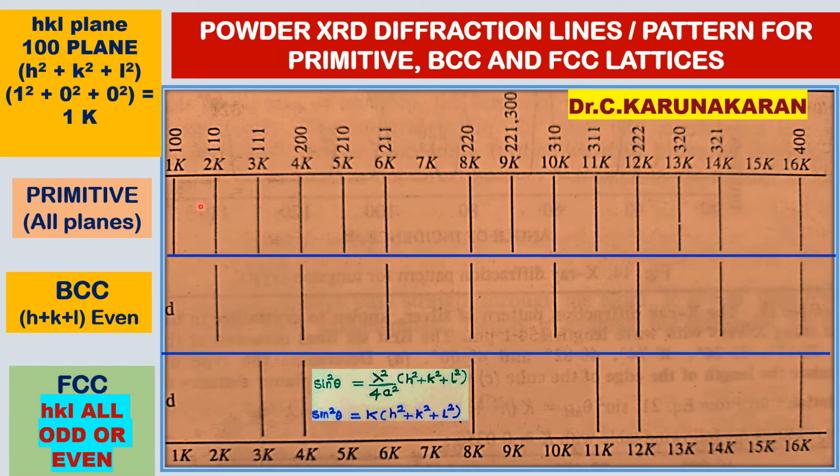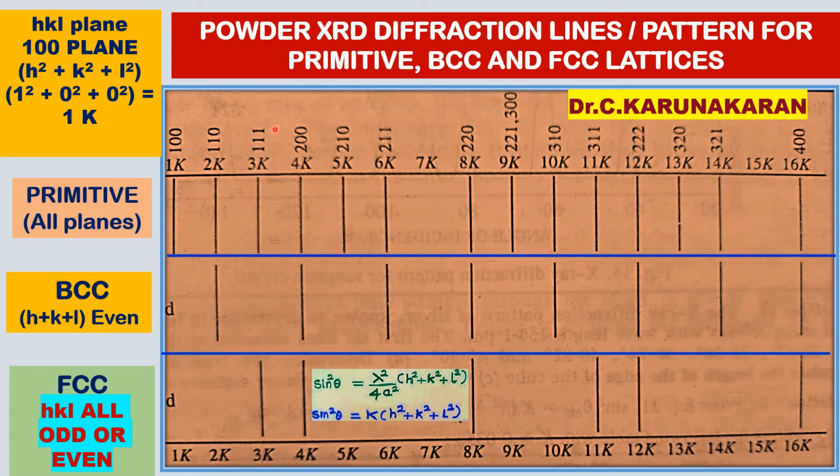The spacing in primitive lattice is 1k. The spacing in the powder XRD pattern for BCC is 2k, 4k, 2k. For FCC lattice, hkl values all odd or all even.